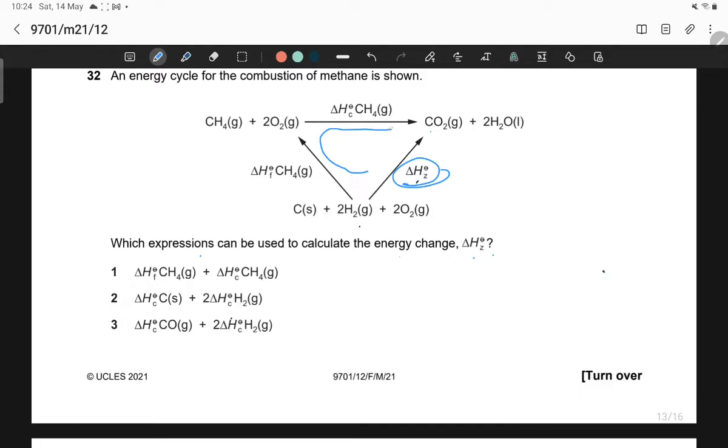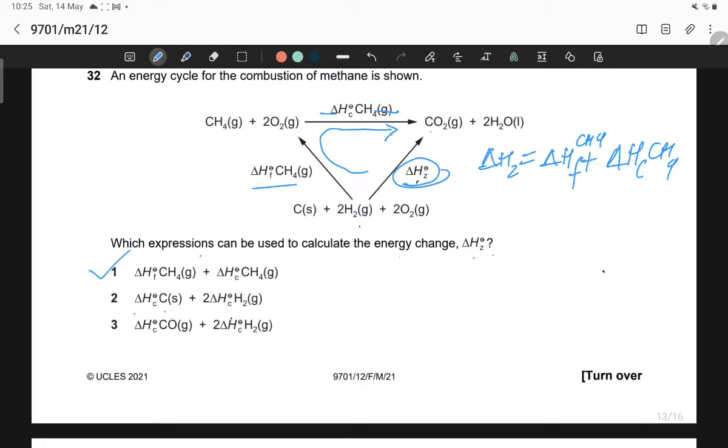This is the cycle: this is formation of CH4 and this is combustion, so delta Hc is equal to delta Hf of CH4 plus delta Hc of CH4. So this is incorrect.